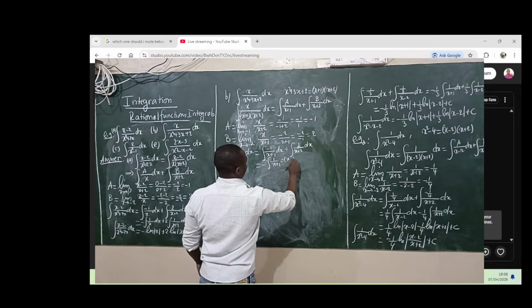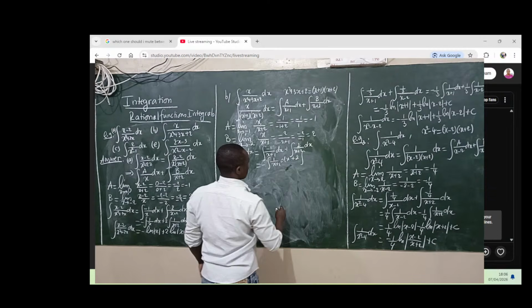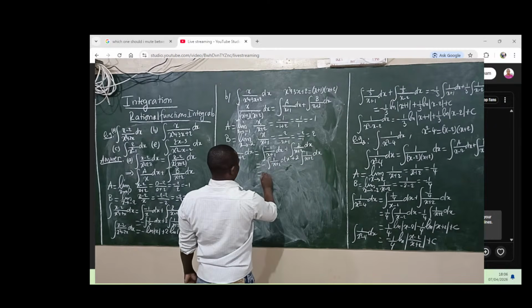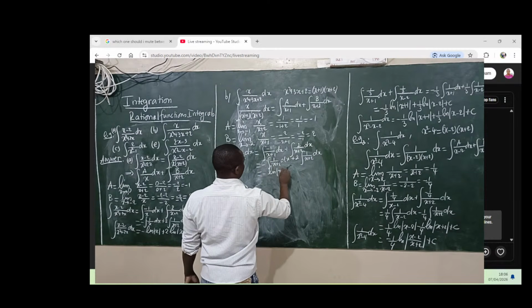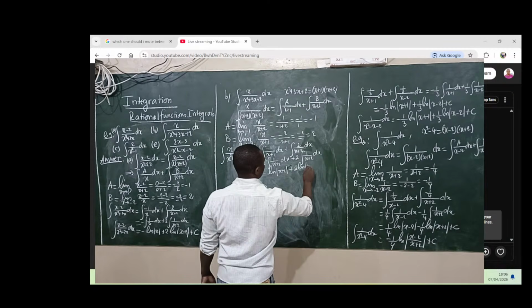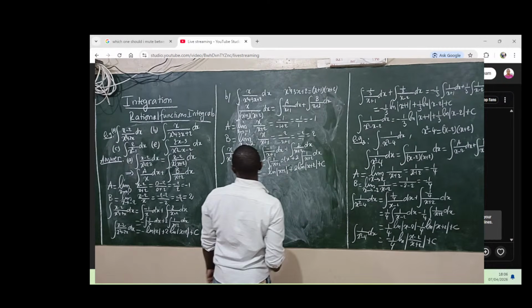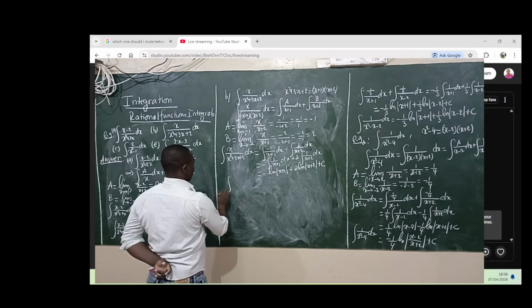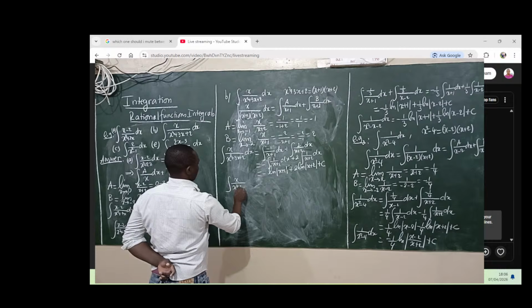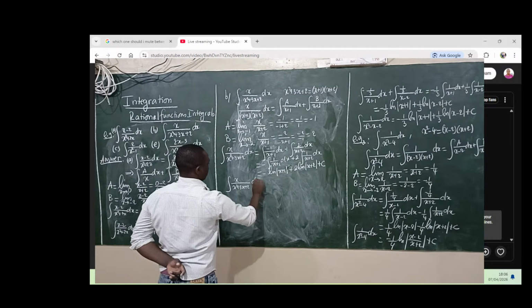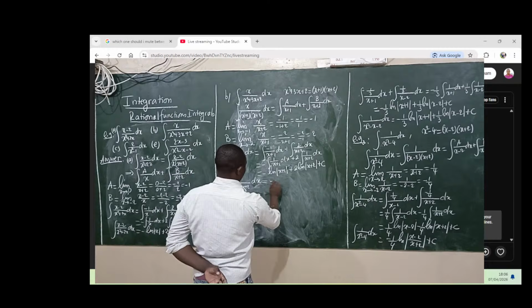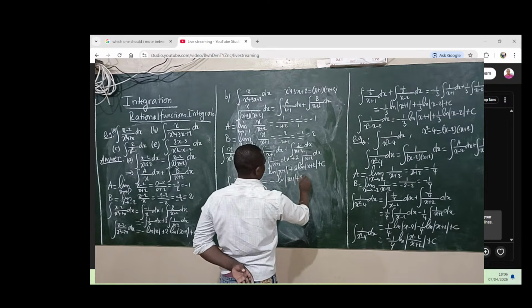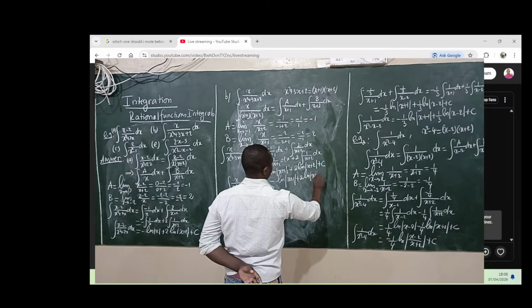You stay with 1 by x plus 2 dx. And this is minus the natural log of x plus 1 plus 2 times the natural log of x plus 2 plus the constant of integration. Hence, the integral of x by x squared plus 3x plus 2 dx will be minus natural log of x plus 1 plus 2 times natural log of x plus 2 plus a constant.